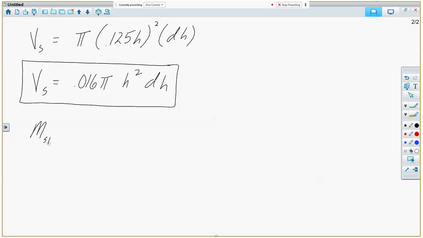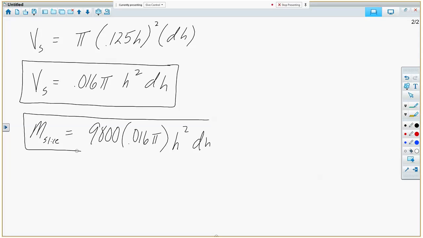Mass of the slice is equal to 9,800 times 0.016 pi times h squared dh. And then multiply that by the distance, which is going to be 4 minus h. Throw that in there.